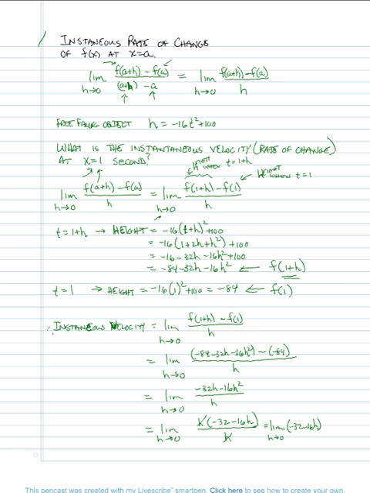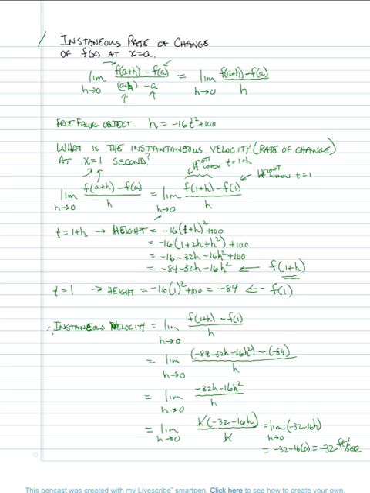Here we can do a simple substitution: negative 32 minus 16 times 0, which ends up being negative 32. And of course, this is feet per second. So the instantaneous velocity at 1 second is negative 32 feet per second.